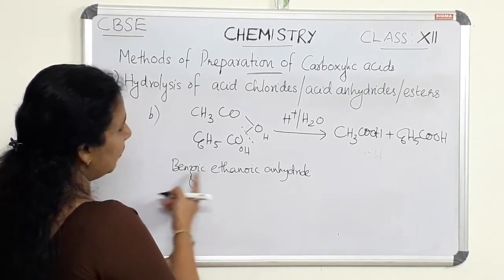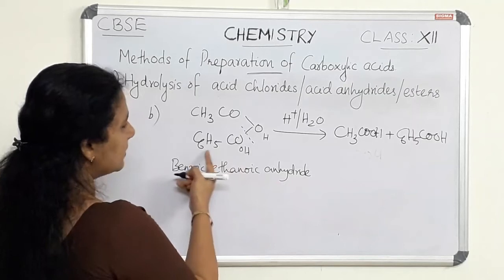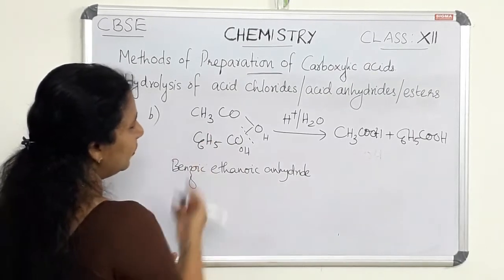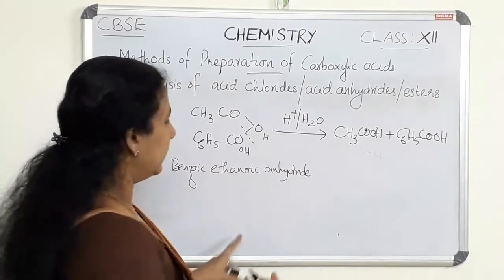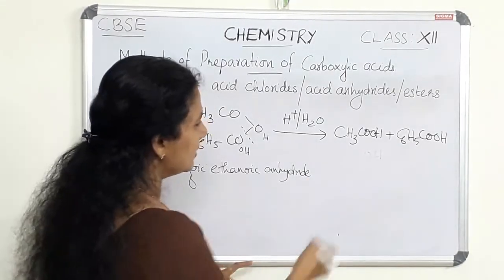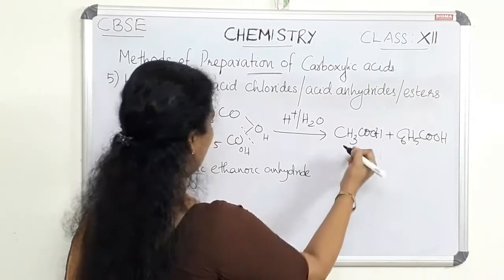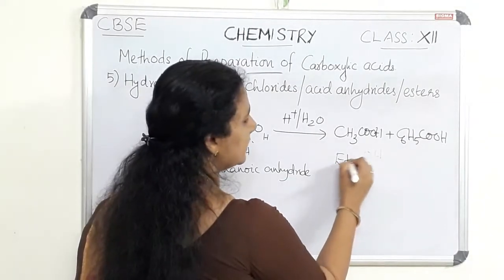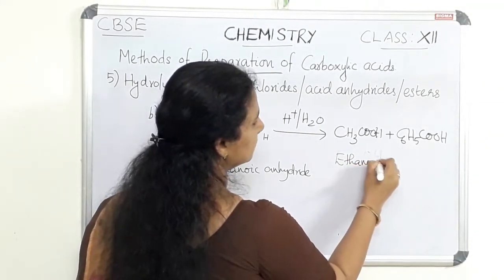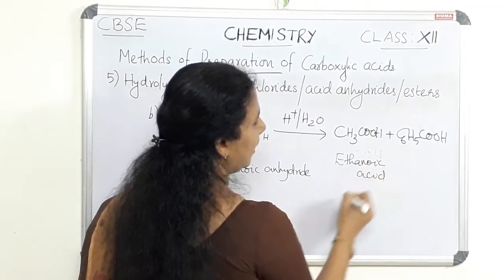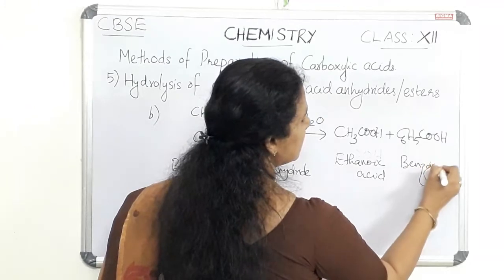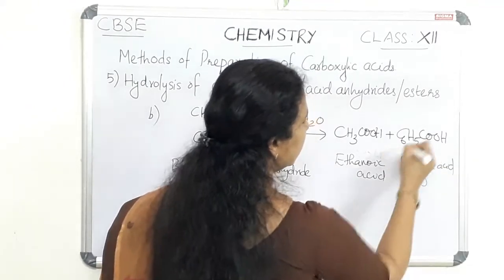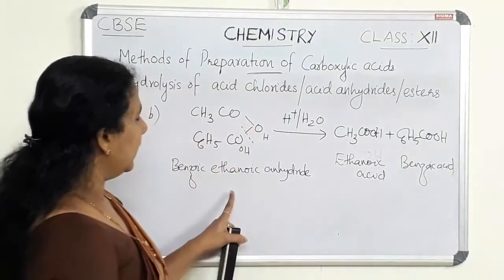Benzoic group is there, ethanoic group is there. So the name is benzoic ethanoic anhydride. Upon hydrolysis, this gives ethanoic acid or acetic acid, and this is benzoic acid. So different carboxylic acids are obtained in this case.